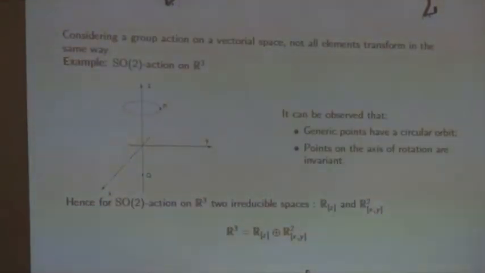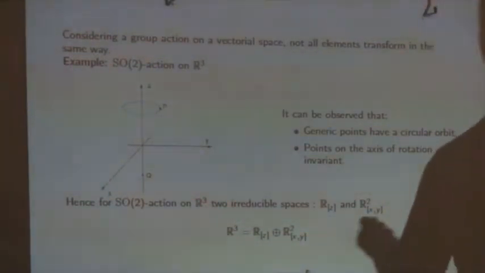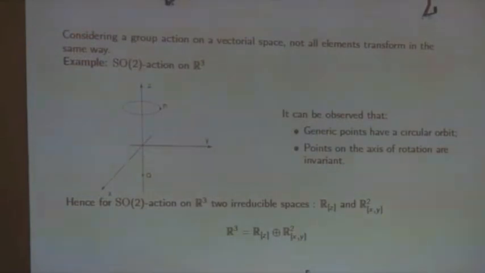So something interesting is if you have a vector space and a group acting on this space, you can quickly understand that not all your points will transform in the same way. Some point will turn at a certain speed, other with other speed, and remaining point will not turn at all.